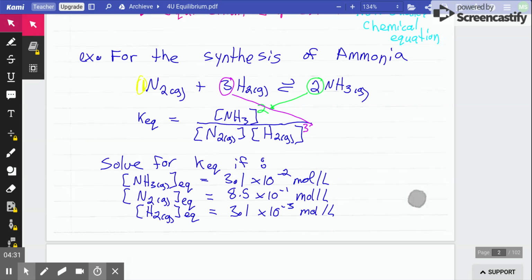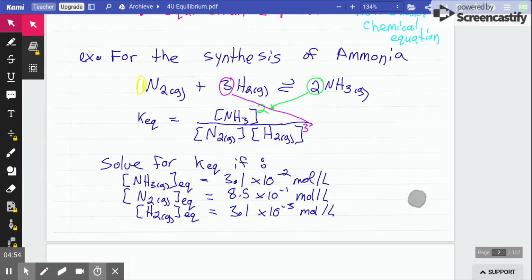And concentration of hydrogen gas at equilibrium, 3.1 times 10 to the negative 3 mole per liter. So to solve for K equilibrium, you just have to substitute in these concentration values at equilibrium. So it's always the concentration at equilibrium that is used to calculate K equilibrium.